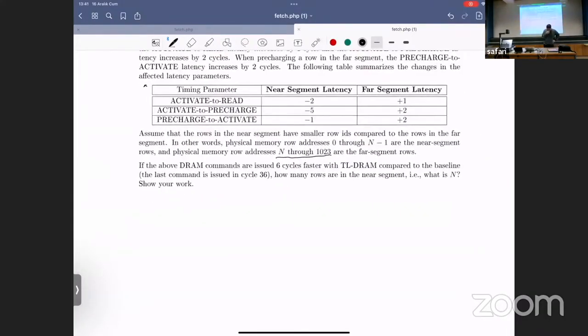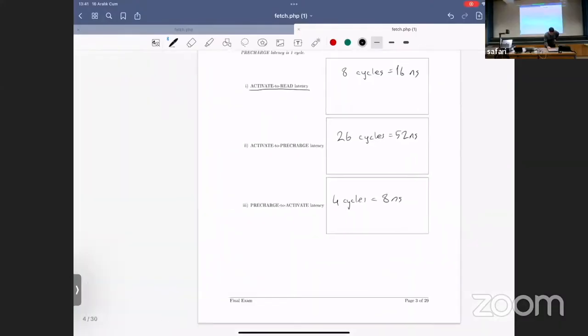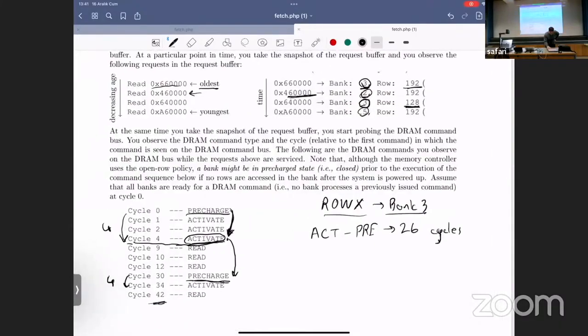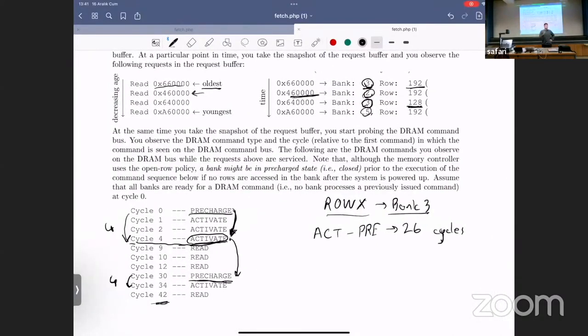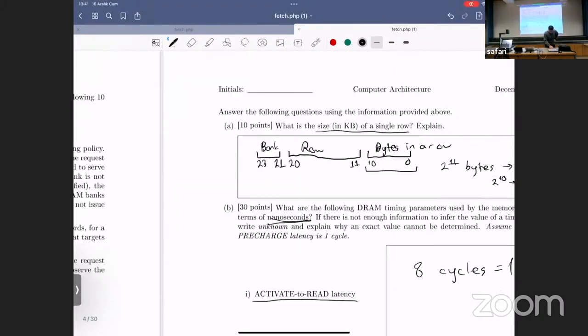So I think there are a few things you can do here, but I will start by assuming that all the rows here target the near segment rows, because we need to have a lower latency now. The only way to do it is to at least put some of the requests in the near segment, right? So let's put everything in the near segment and see what happens.